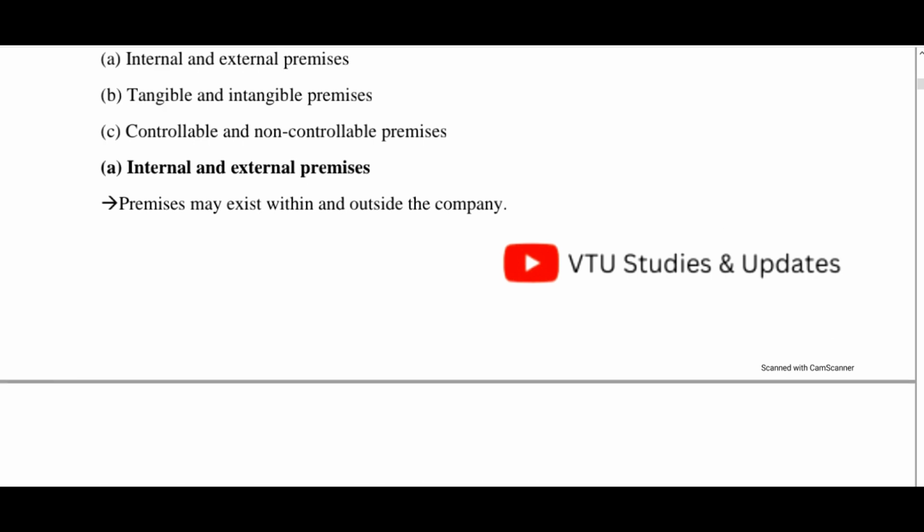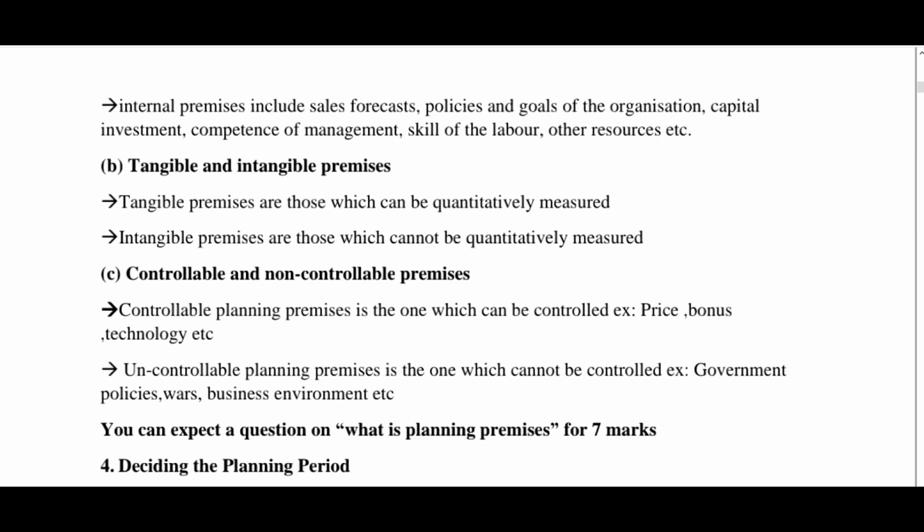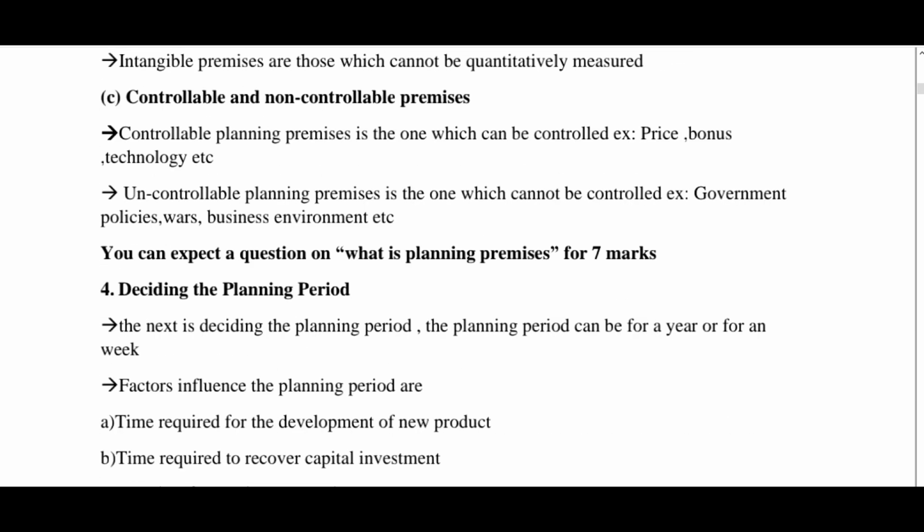Tangible premises can be measured; intangible premises cannot. Controllable premises can be controlled, such as price and bonus; uncontrollable premises cannot, like government policies. You can expect a question on what are planning premises for 7 marks.